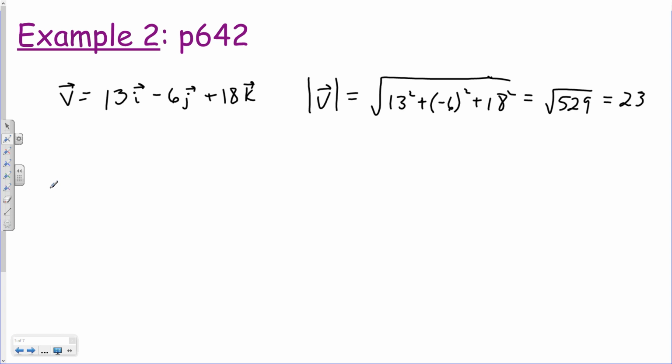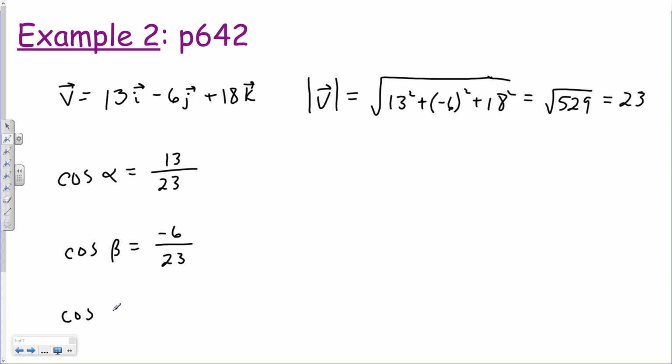So now for the direction cosines, let's start out with alpha. The cosine of alpha is going to be 13 divided by 23. It's just the x value divided by the magnitude of the vector that we just found. And for the cosine of beta, that's going to be equal to negative 6 divided by 23 as our magnitude. And finally, cosine of gamma is equal to 18 divided by 23.